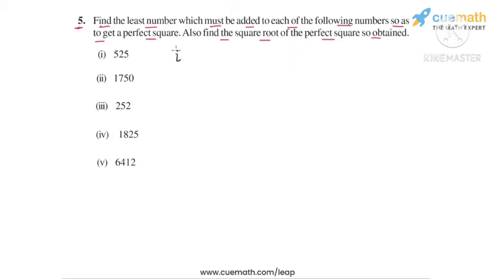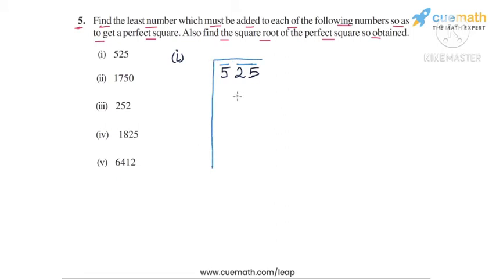In part 1, we have the number 525. So let's apply the division method of finding square roots to this number. For that, we put bars over pairs of digits starting from the right. So we put a bar over 25 and then we put a bar over 5. And now we can apply the division method.